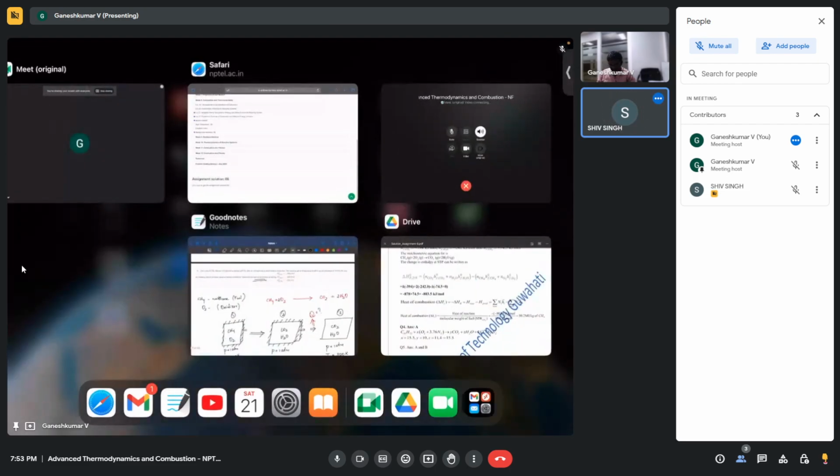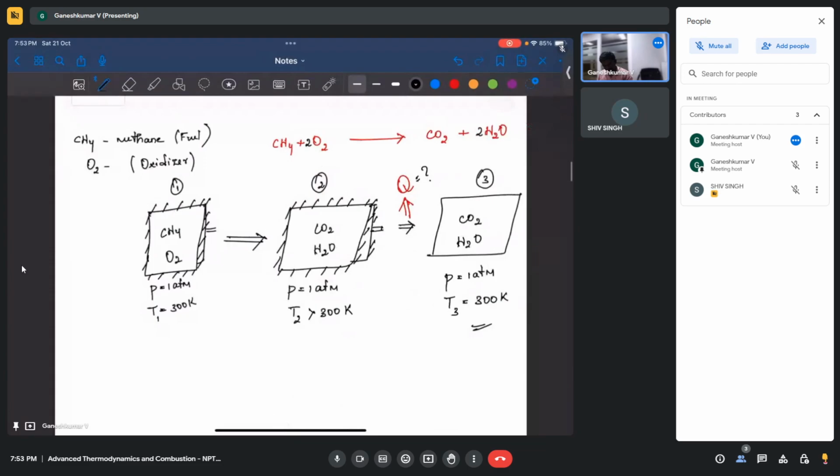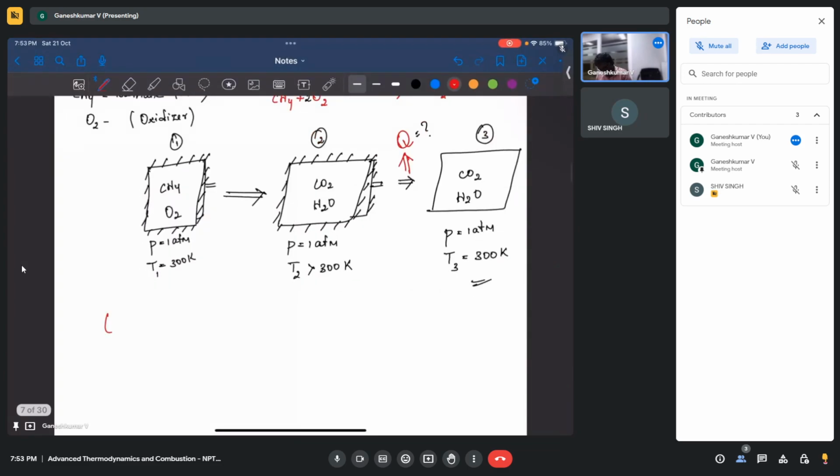Right? So let me go back to this. This is heat removed from the system. This Q is from state 2 to 3, right? Heat removed from the system is the heat of combustion. This is negative.